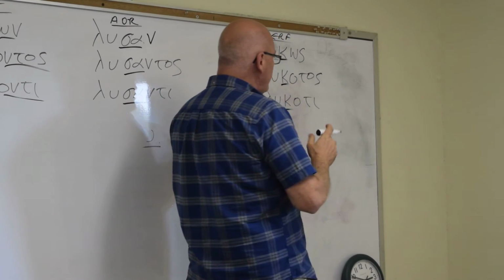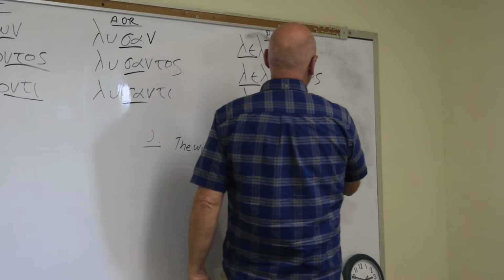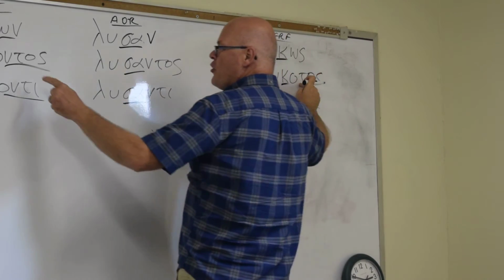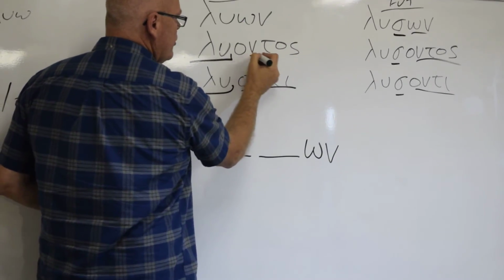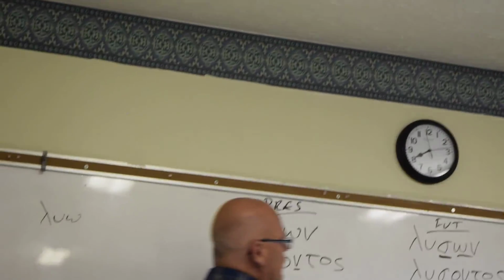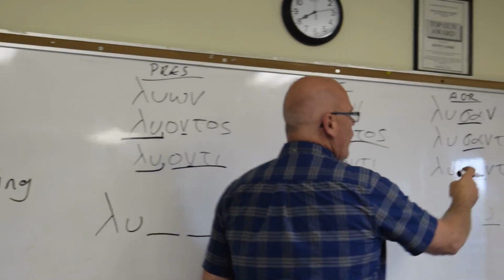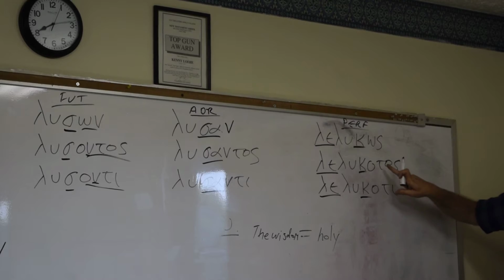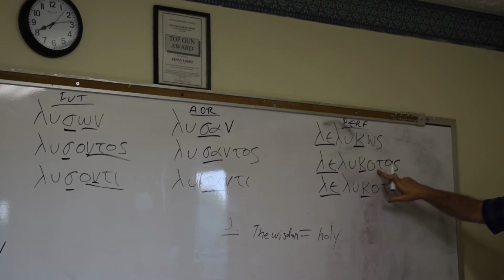And then your endings here are a little strange because they also change. What happens here is your internal nus drop out. So you see here, this is a nu, this is a nu. See these nus? In your perfect, the internal nu drops out. So you notice there, it's gone. See here?